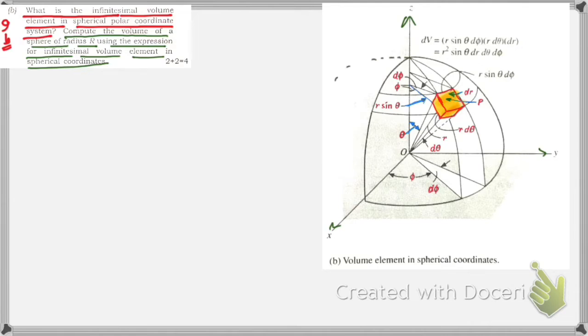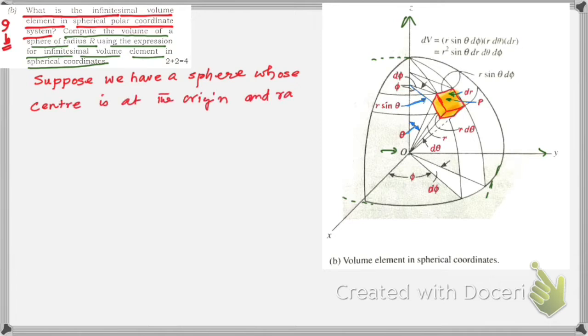In this diagram a part of a sphere is drawn, not the complete sphere, in this quadrant, and its center is at the origin O. The equation of the sphere: suppose the center is at the origin 0 0 0 and the radius is r, then the equation of the sphere will be this, right?